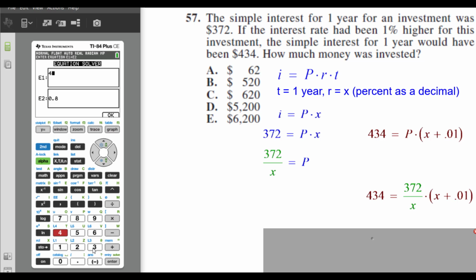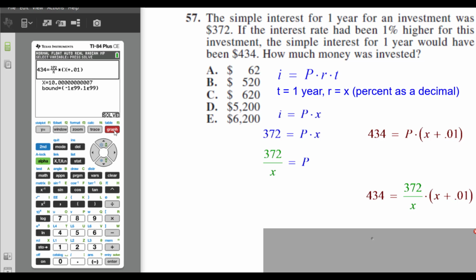So 434 on the left for expression 1. And let me clear that. And a fraction template, 372 divided by x times the quantity of x plus 0.01 parentheses. And let me double check that.